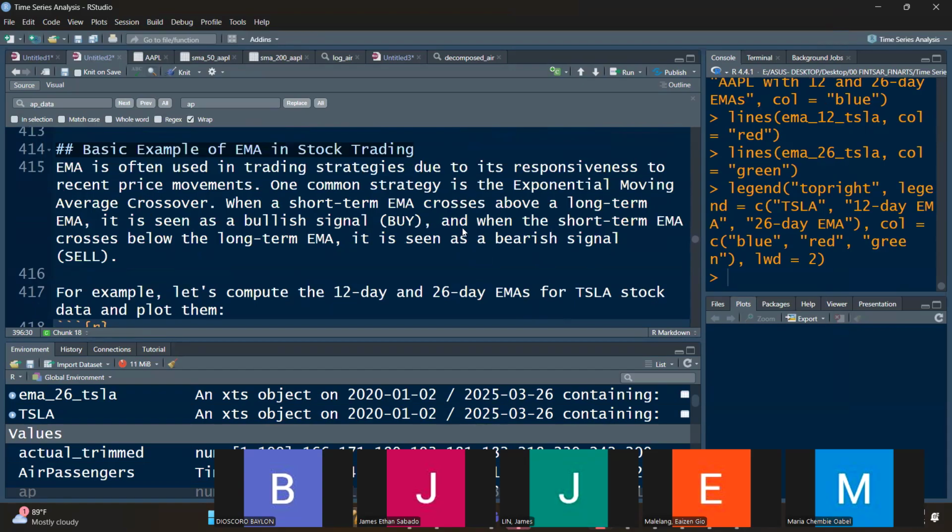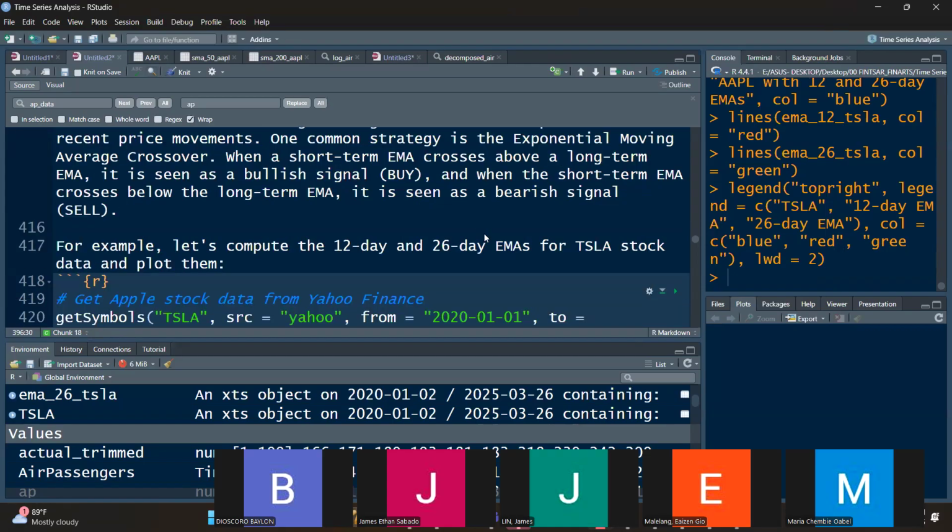The general rule is that when a short-term EMA or SMA crosses over the longer-term EMA or SMA, that's a bullish indicator, which means buy. Short term going above the long term is a buy signal. Short term going below the long term is a sell signal.